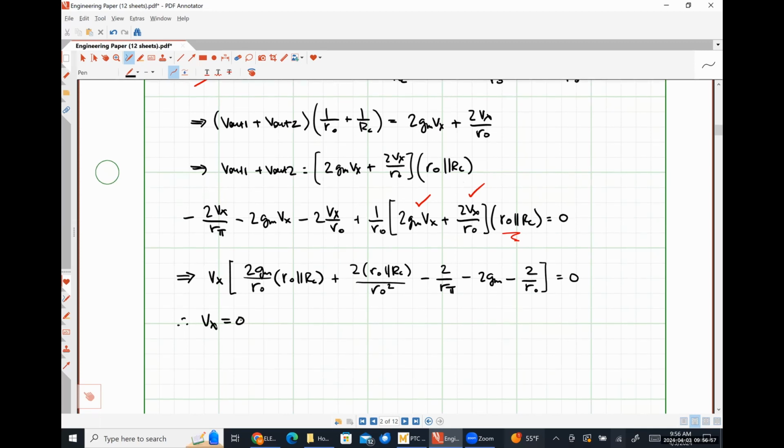The only way for this to be true is either everything in the brackets is equal to 0, which if we put everything in terms of a common denominator, we would find out will not be true. It's just going to be a bunch of gross algebra for no point whatsoever. Or Vx has to be equal to 0.